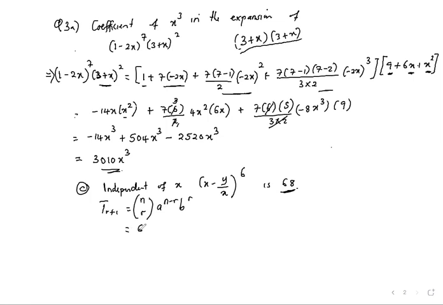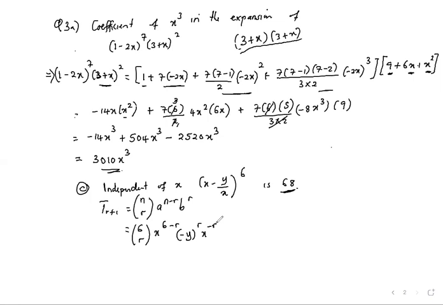That is 6Cr, and then x power 6 minus r, and then the b part, you write it as minus y power r and x power minus r. That's how we write the expansion.